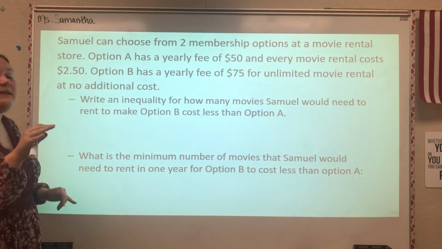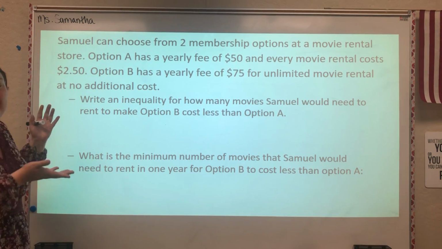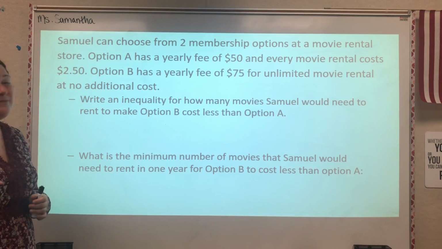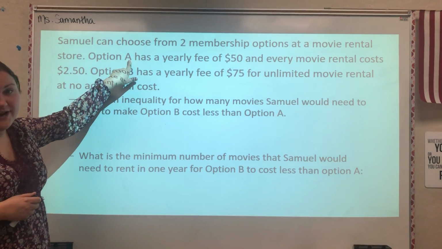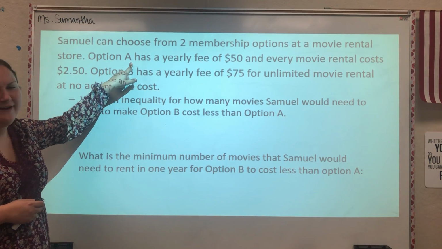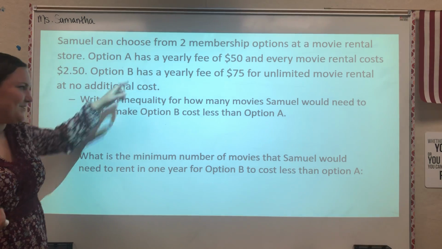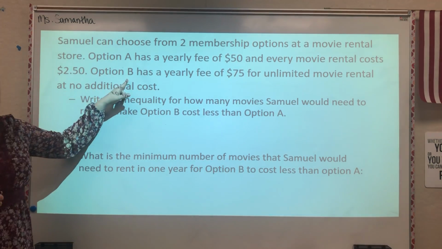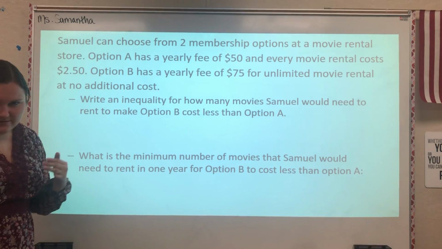So you can briefly see here, I didn't do any math, it was just hypothetical situations, but if you're not going to rent many movies, this is the better option. If you're going to rent lots and lots of movies, this here is the better option. Hopefully we can agree with that.